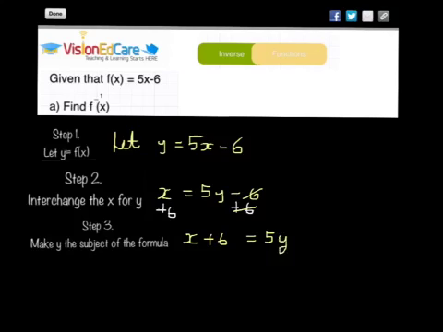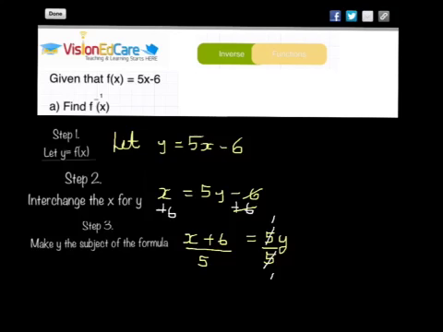But we need to get y. How can we get y? Well, you should realize that you divide both sides by 5. So by dividing both sides by 5, on the right hand side, this 5 here can cancel out. So what we have left on the left hand side is x plus 6 over 5.